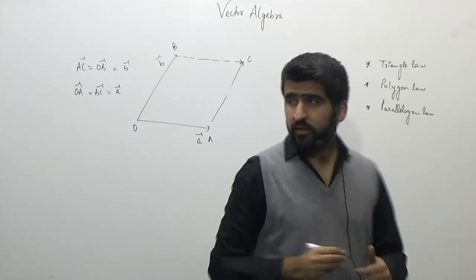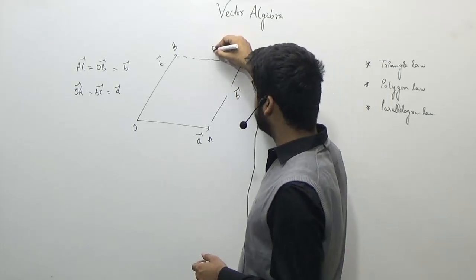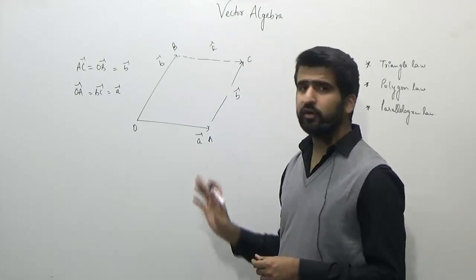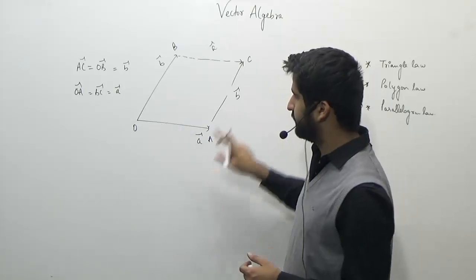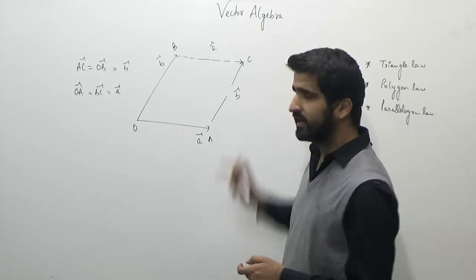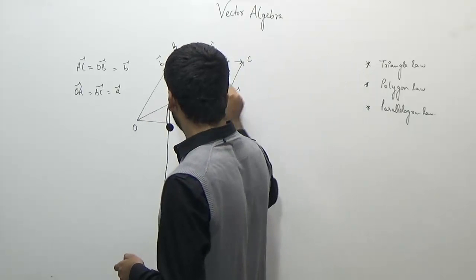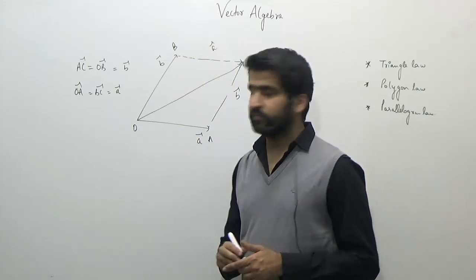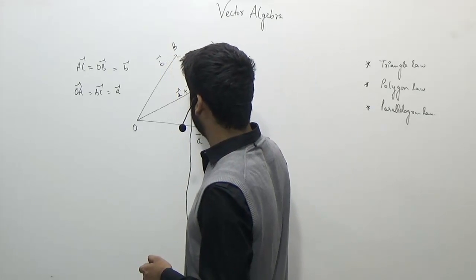Now if I want to find the resultant of A vector and B vector, I can apply the triangle law in this triangle OAC. If we apply the triangle law, the closing side of the triangle will give you the resultant. Therefore, this is the resultant, A vector plus B vector.